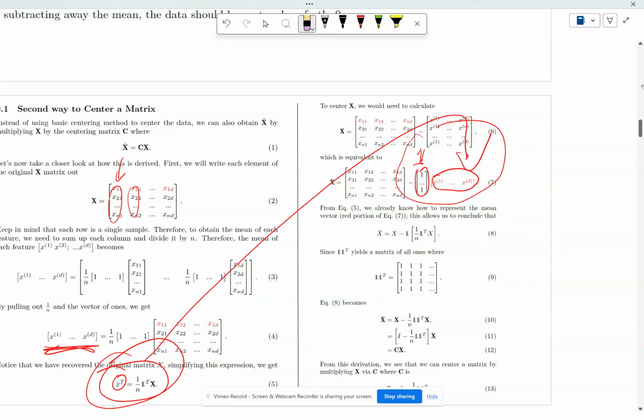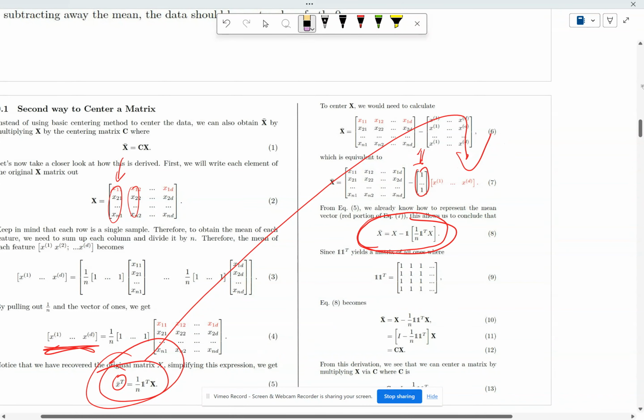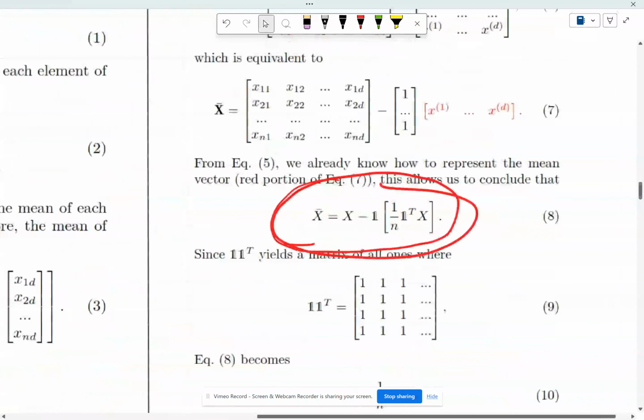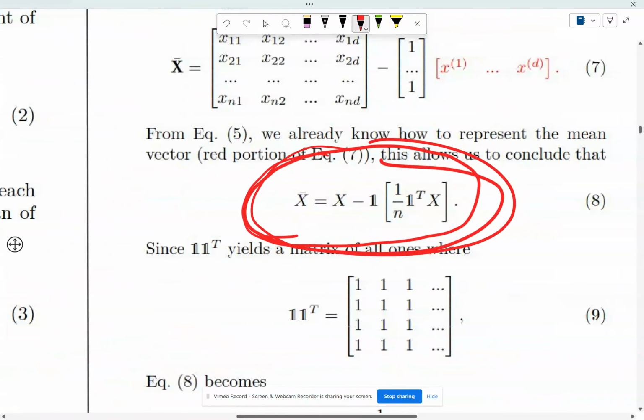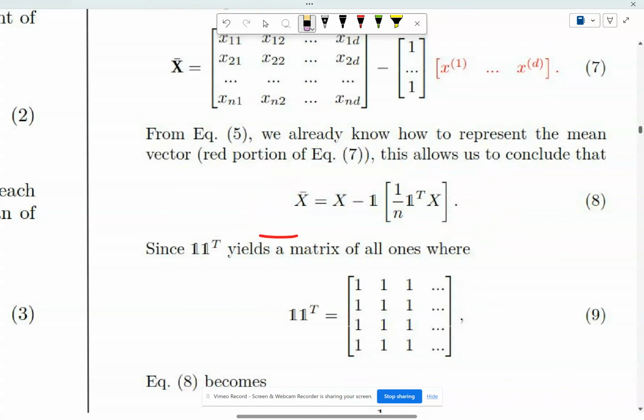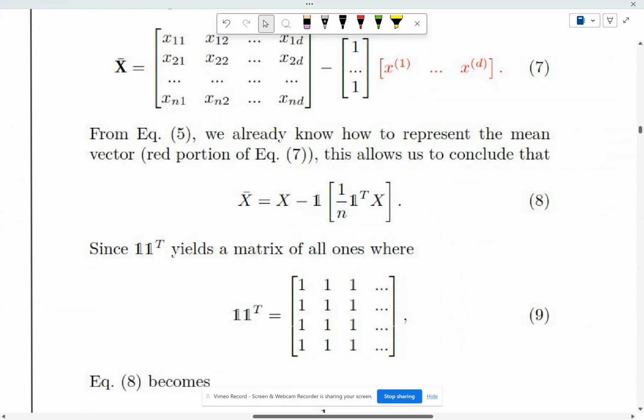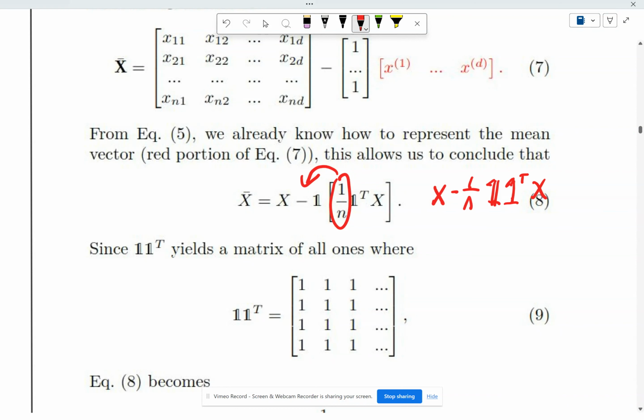This means that our centered data, like after centering, could be rewritten into this format. Okay, well, this is a constant, so I can pull this out, resulting in x minus 1 over n, 1 transpose x.